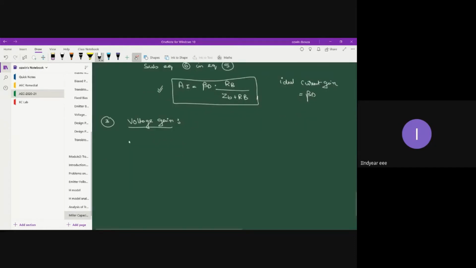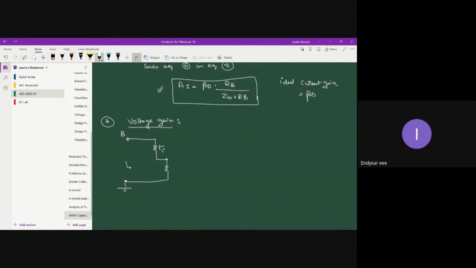So to find voltage gain, what I will do is I will recreate the circuit. Okay, this is your base terminal. This is your RI, and then you have your RE. So this is your ground terminal.